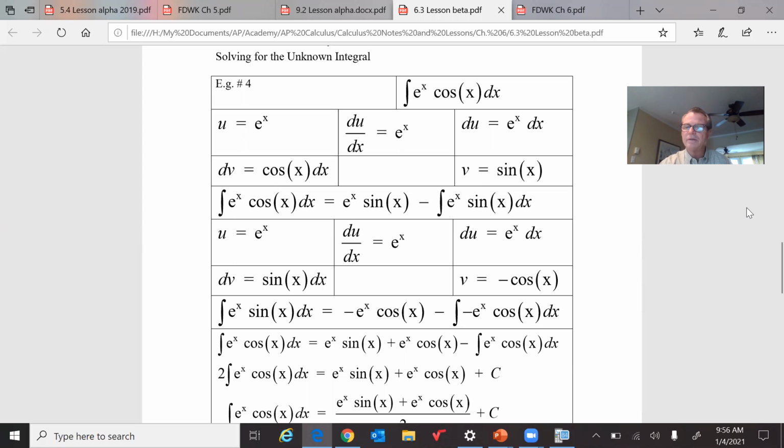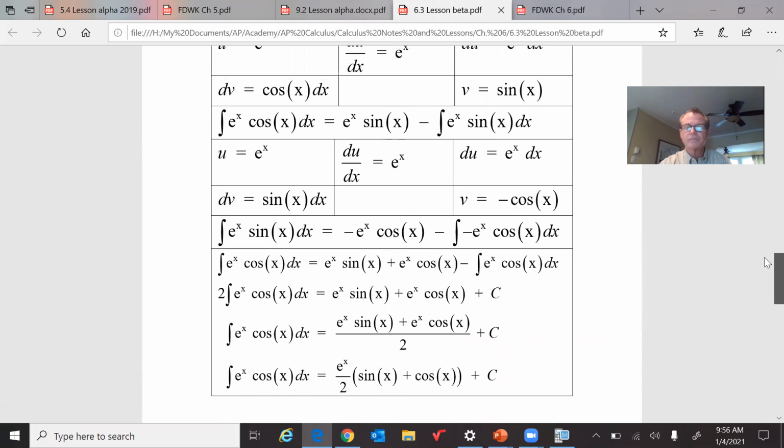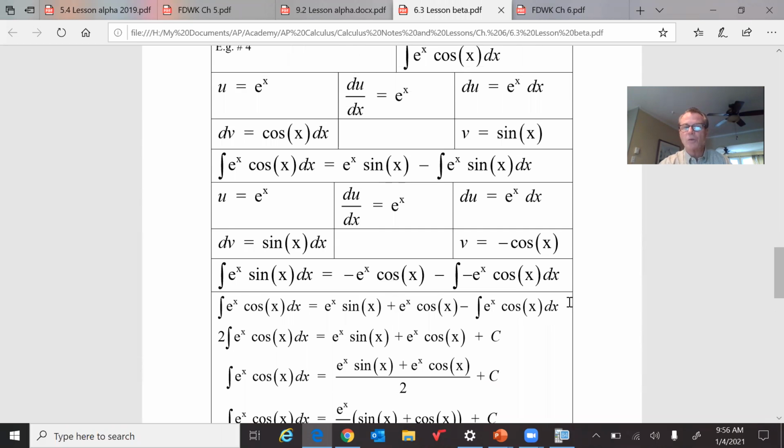The way it's done is you see that you get back to where you began. You're subtracting the original question over here after you did parts twice. So if I subtract the original question, I go back and add that to both sides, you would get double the middle of this, and you're just dividing by 2.